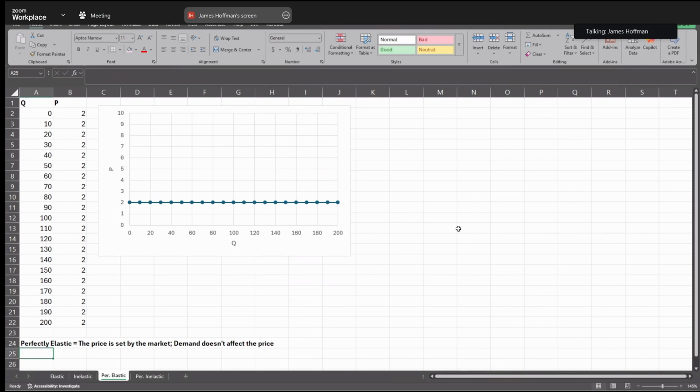So this is a bit of an extreme example, but it's important to understand the boundaries of elasticity. Can we think of an example where the price is essentially set by the market, and consumers don't change their behavior based on price? What that means is if the producer raised the price to $3, no one is going to buy it because they know the market price is $2.